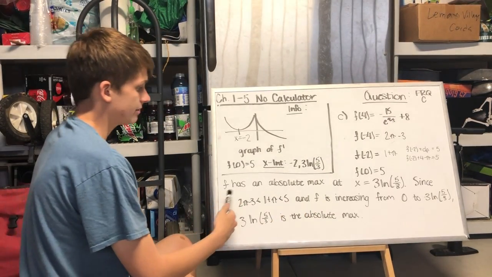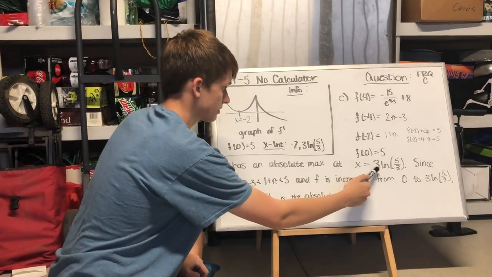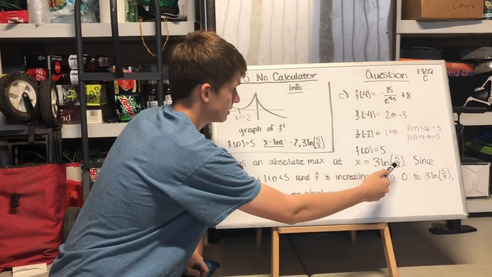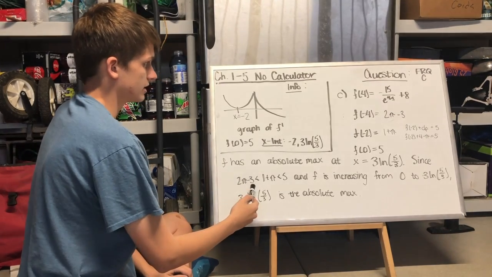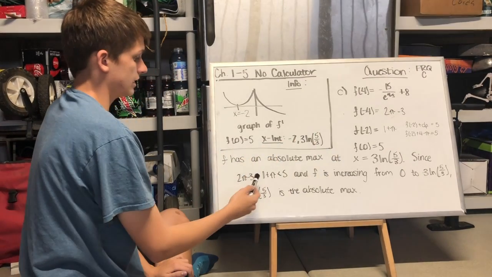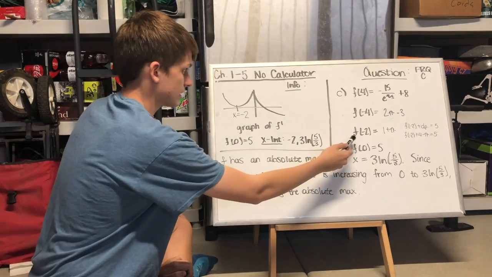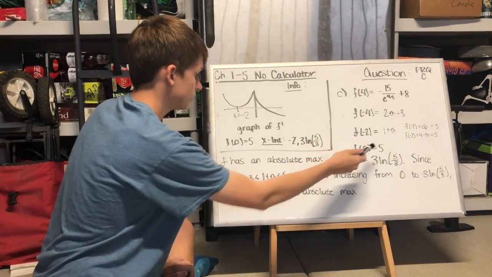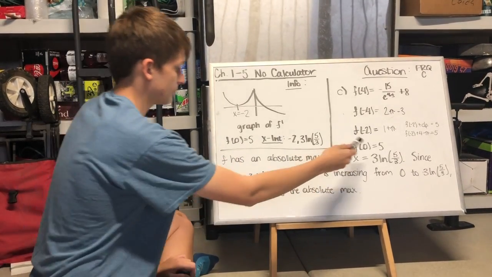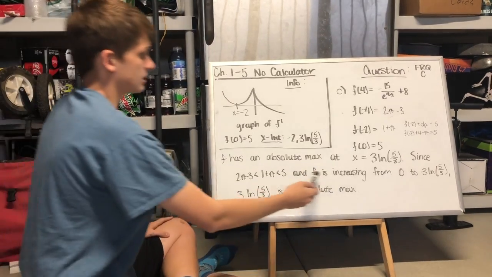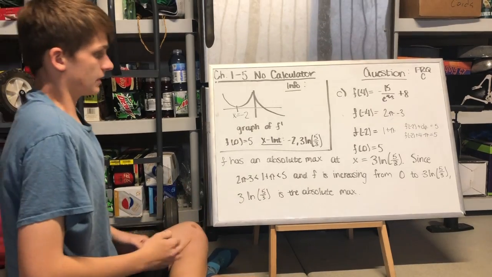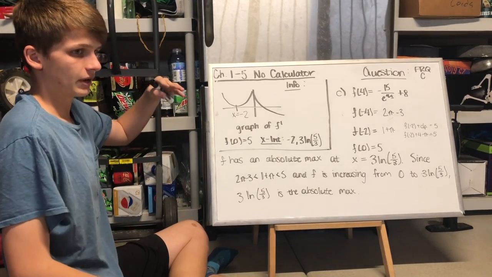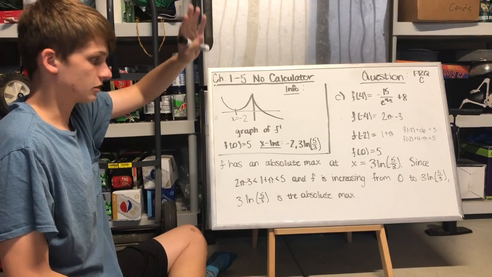So this means that f has an absolute max at x equals 3 natural log of 5/3, because 2 pi minus 3, which is f of 4, is less than 1 plus pi, which is f of negative 2, is less than 5, which is f of 0, and f is increasing from 0 to 3 natural log of 5/3, meaning that f's values are going to continue to increase.